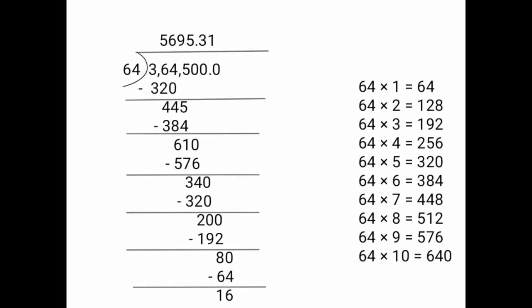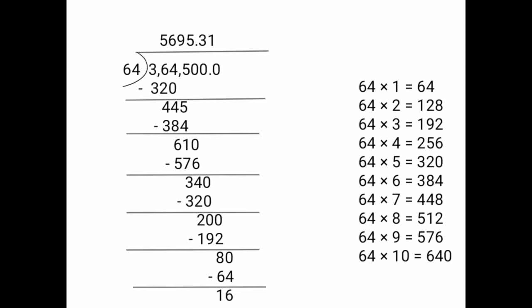Division is still continuing and you are not getting remainder 0. If you are not getting remainder 0, you have to do the division up to 2 decimal places. I got the quotient up to 2 decimal places, that is 5695.31. In this number, after the decimal point there are 2 digits.